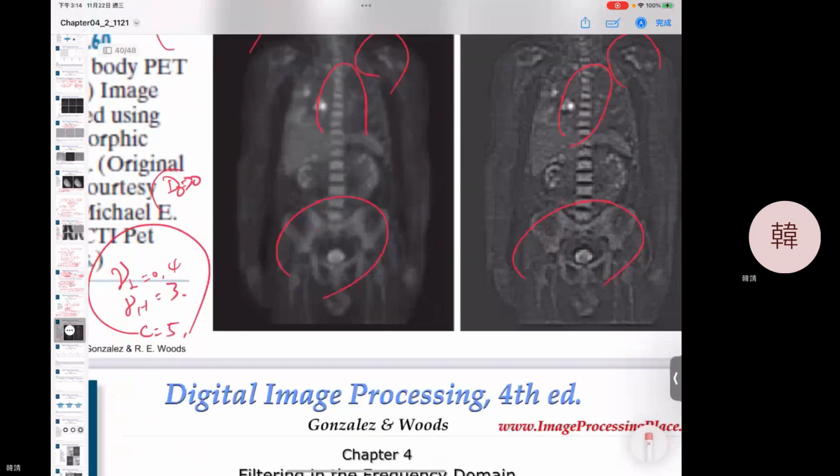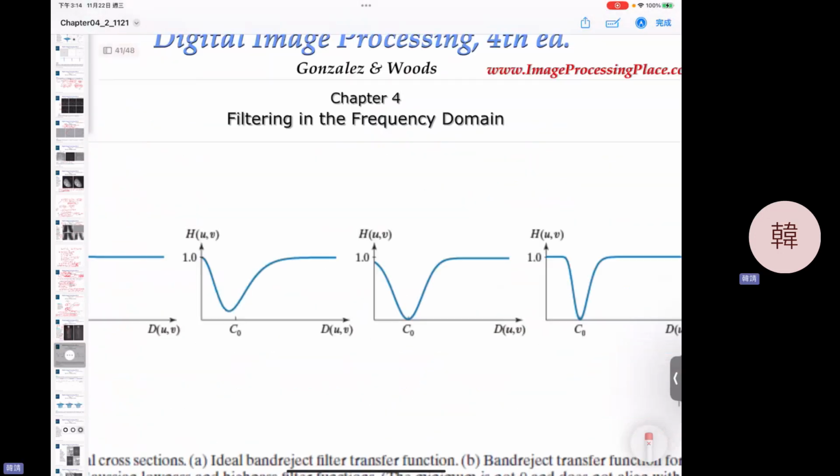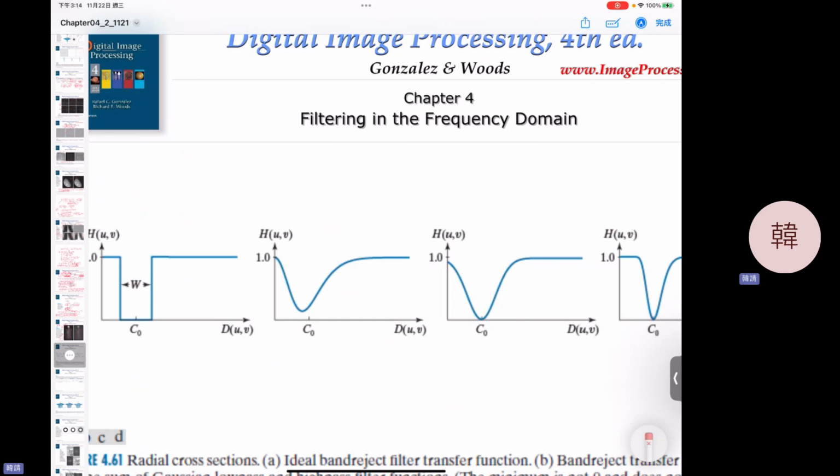Next, we combine the low pass filter and high pass filter, and we call it a band selection filter. You select part of your frequency band to pass through or stop.